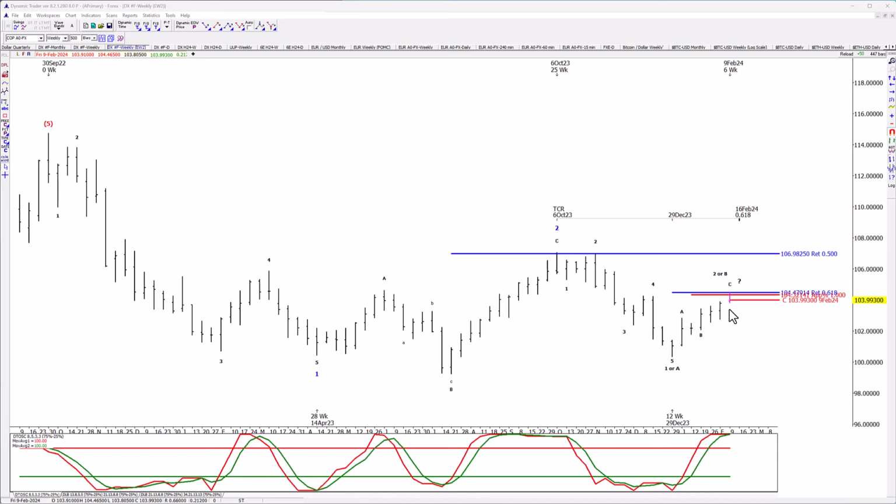As of last week, the dollar came right up, pretty much tagged the 62% retracement, which was just a few pips away from the 100% alternate price projection of the wave A from the wave B low. So that is a typical target for an end of wave C to complete an A, B, C correction.